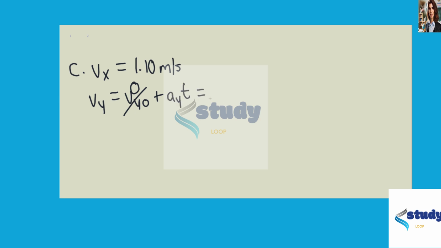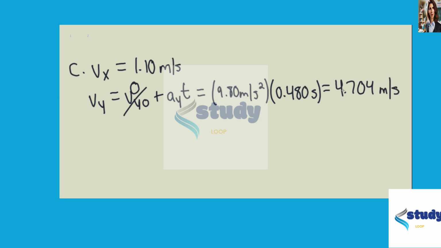So this would be equal to 9.80 meters per second squared multiplied by 0.480 seconds. This equals positive 4.704 meters per second. That would be our final y velocity.